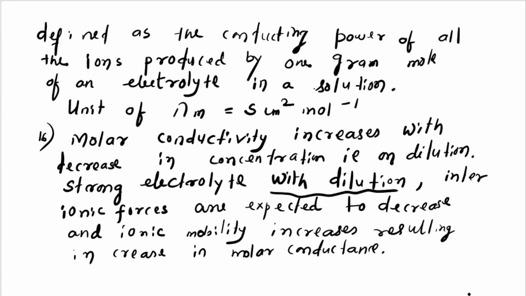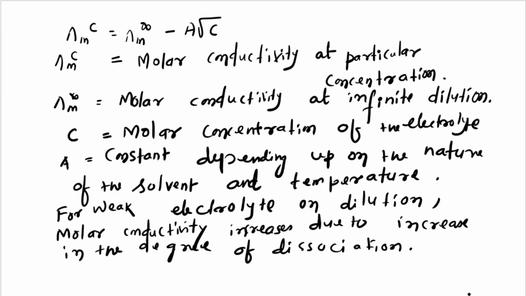For a strong electrolyte on dilution, inter-ionic distance is expected to increase and ionic mobility increases, with an increase in molar conductance. Then come to the weak electrolyte.